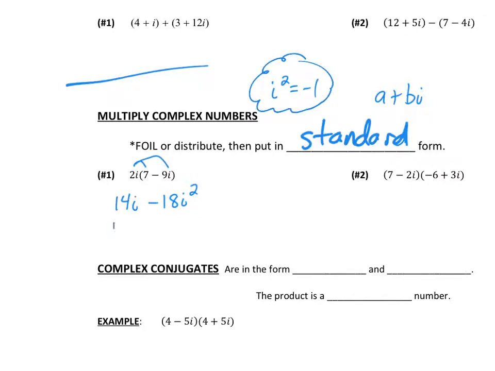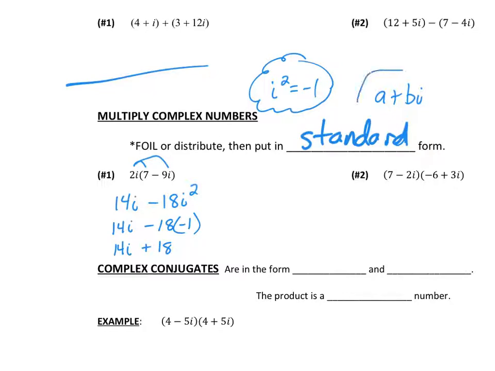So this would become 14i minus 18 times -1. And we can simplify that. 14i plus 18, because -18 times -1 is +18.